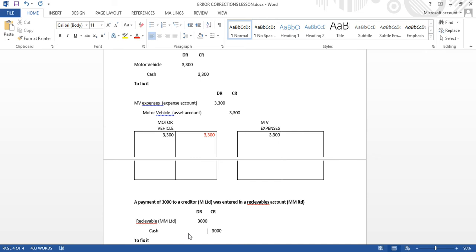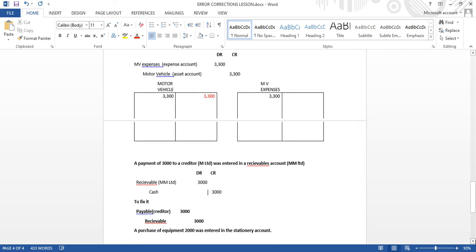Then debit the correct account instead. And what's the correct account? The correct account being M Limited.